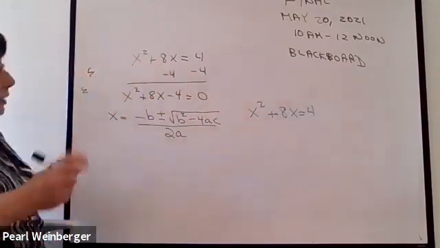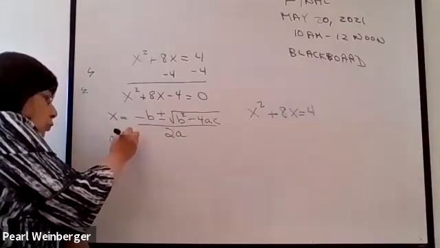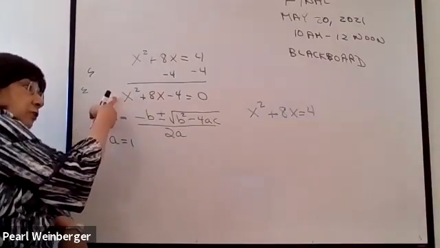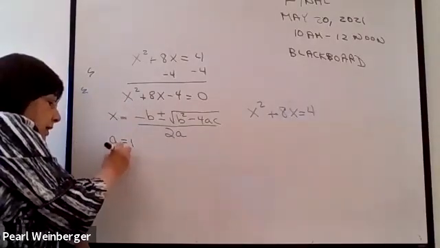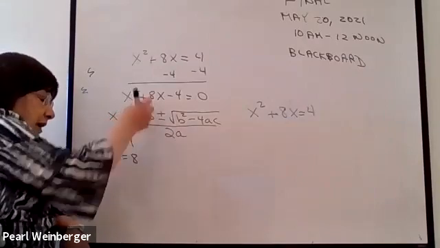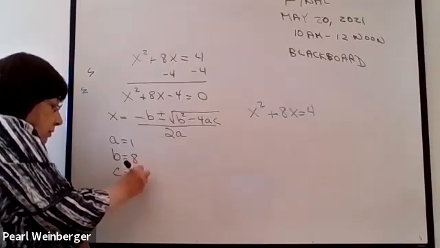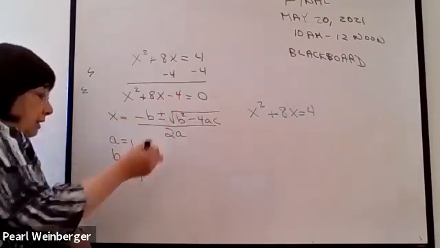solve a quadratic equation. In this case, the a is 1 because that's the number in front of the x squared. The b is 8. That's the number in front of the x. And the c is negative 4. That's the standalone number without any x's.